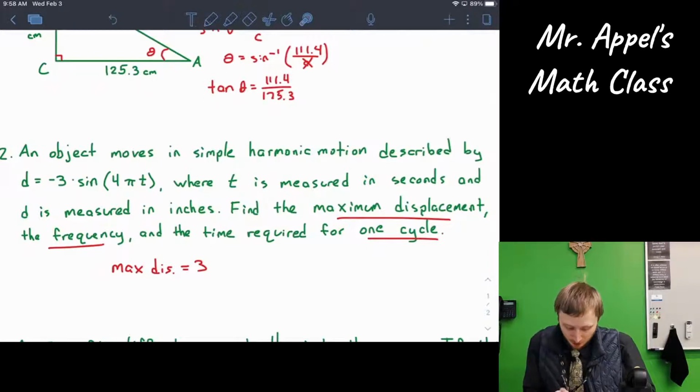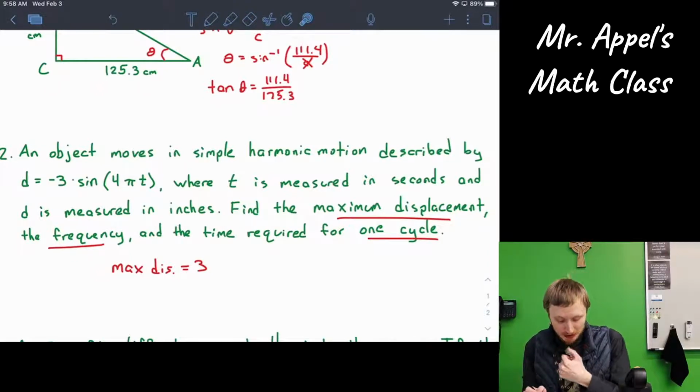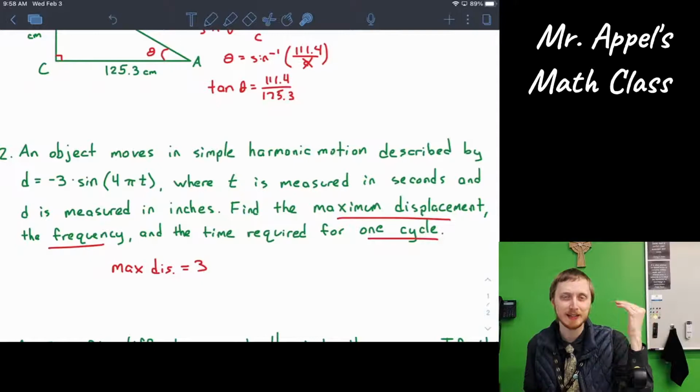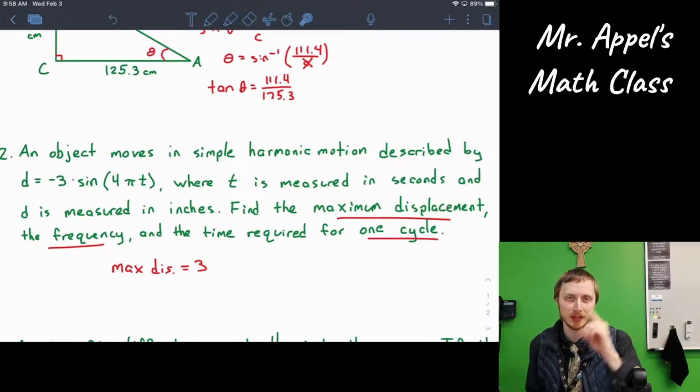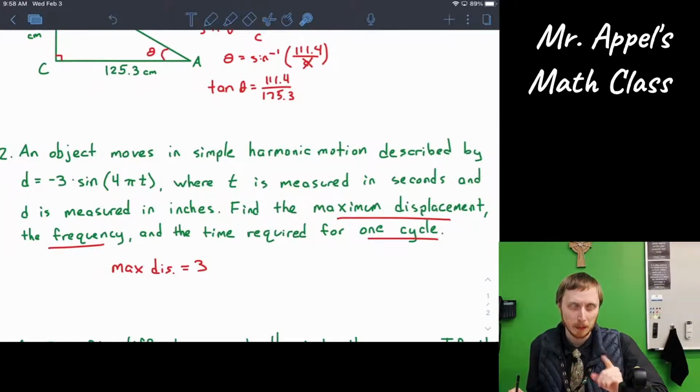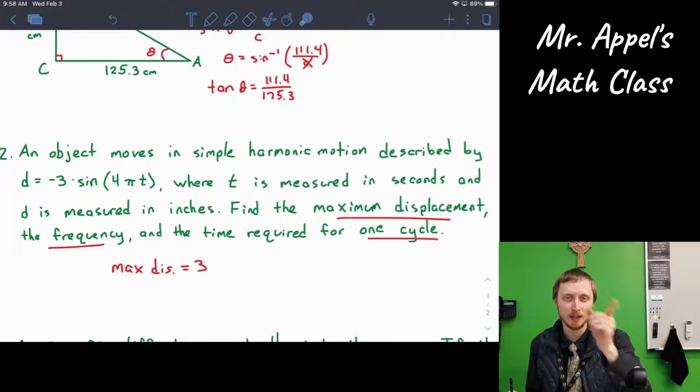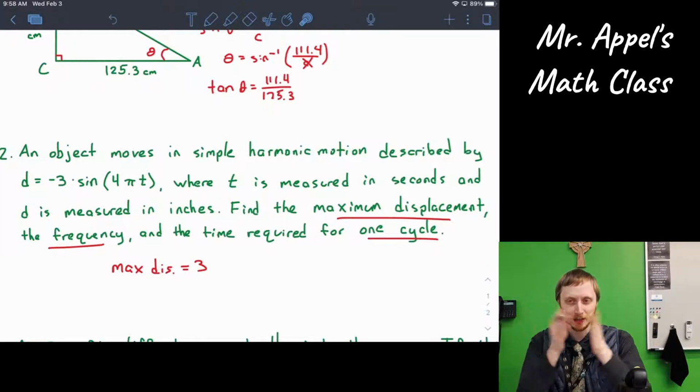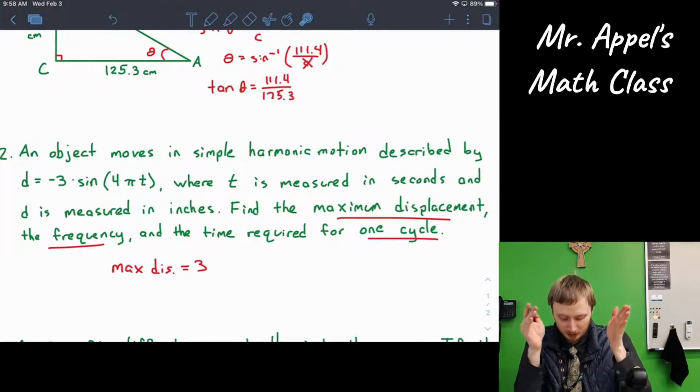How about the frequency? Okay, what is frequency? Frequency is how many cycles per second. How many times does it repeat itself in the span of 1 second?